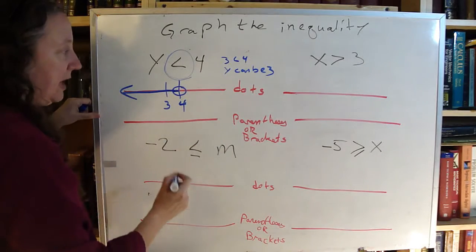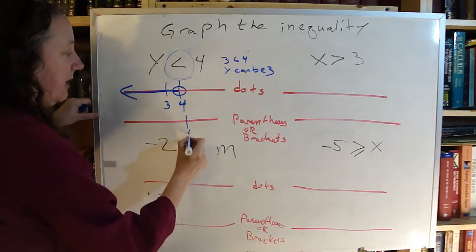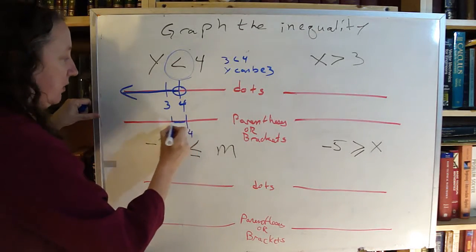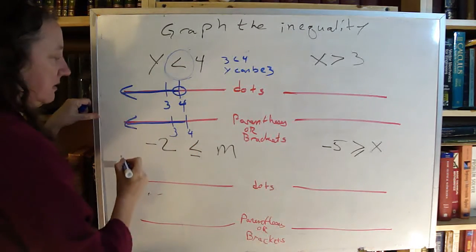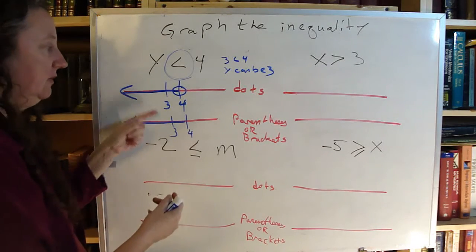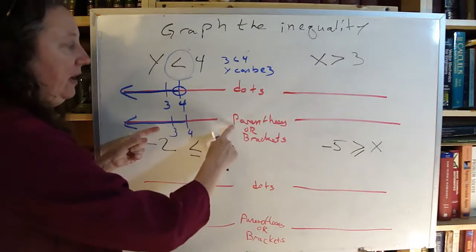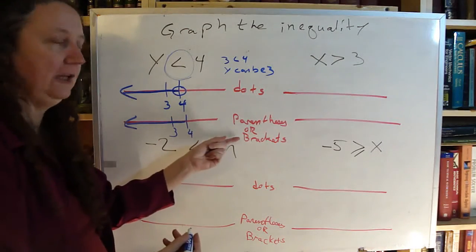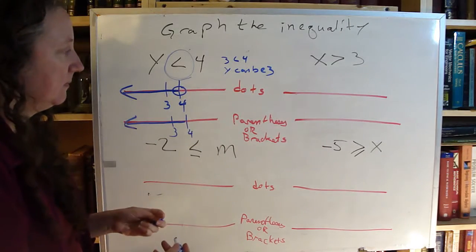Using parentheses and brackets, again, I'm going to find the 4 and I'm going to find the 3. And I know that my line is going to go off in this direction. The only difference between this graph with the dots and this one is now I need to figure out, do I use the round parentheses or do I use the square brackets?